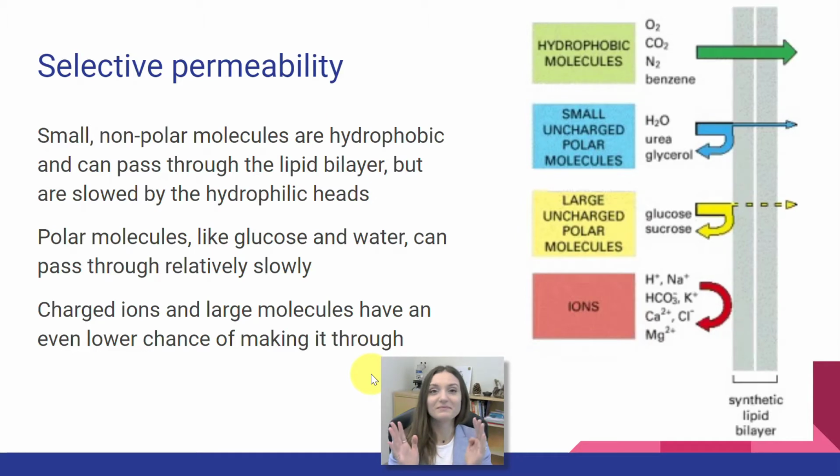So, the plasma membrane, remember that phospholipid bilayer, it's hydrophobic in the middle and those hydrophilic heads on the outside. Because of the nature of that hydrophobic middle to our phospholipid bilayer, usually only small non-charged molecules, only small hydrophobic molecules can move through the plasma membrane directly, not necessarily requiring a protein to transport them.